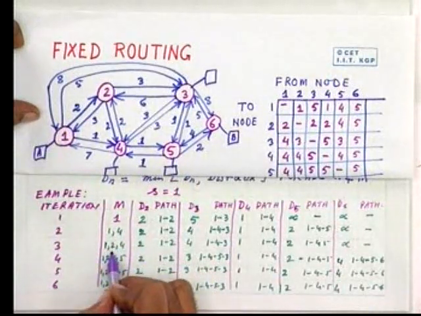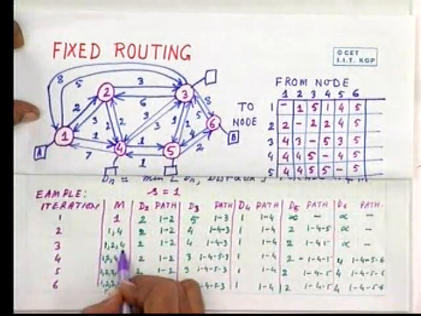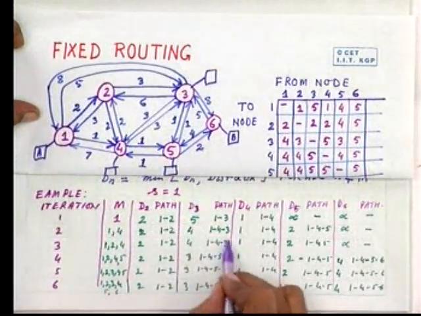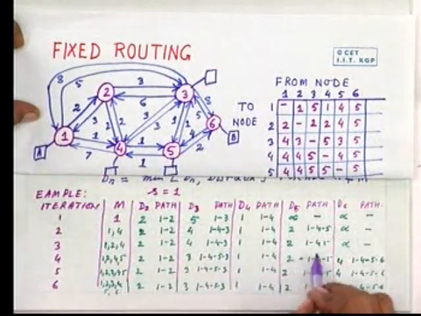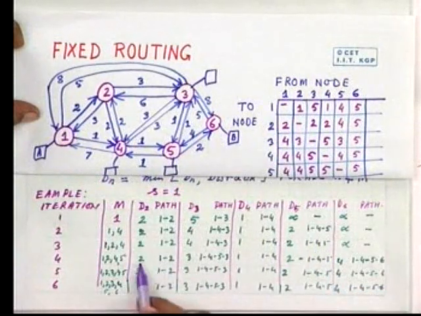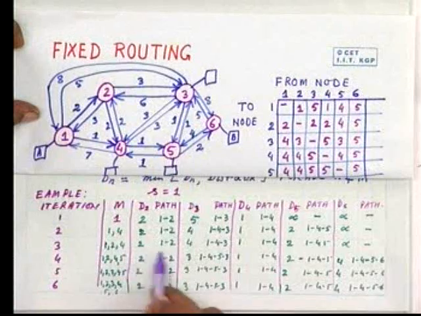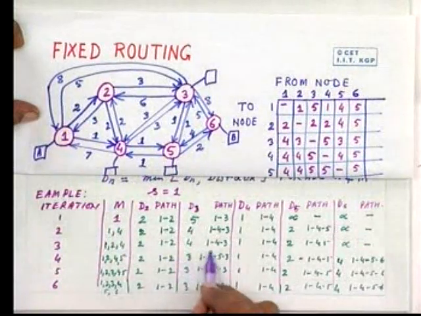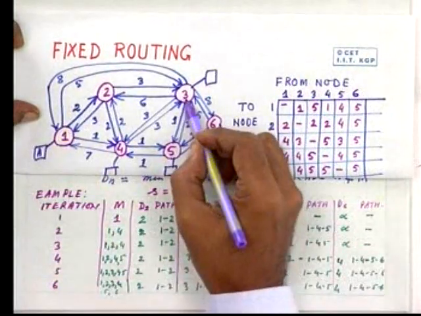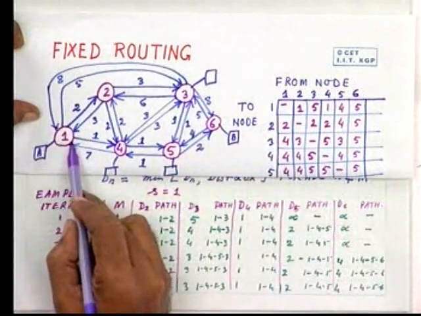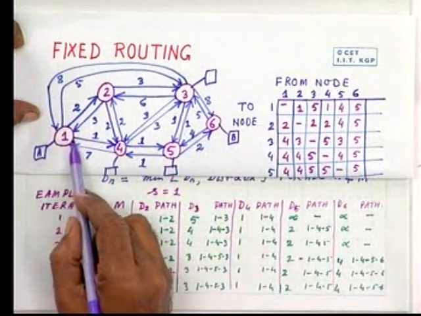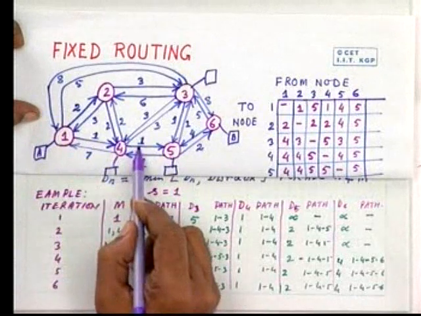In iteration 3, we add 4, and this does not change, this does not change, this also does not change. After adding 5 in iteration 4, this does not change, but this gets changed. For example, for sending to 3, we find a cheaper path, 1 plus 1 plus 1.